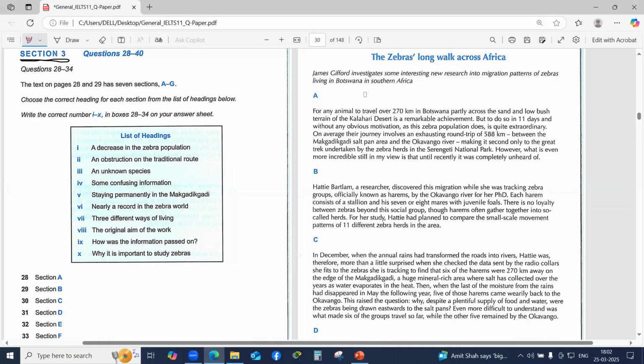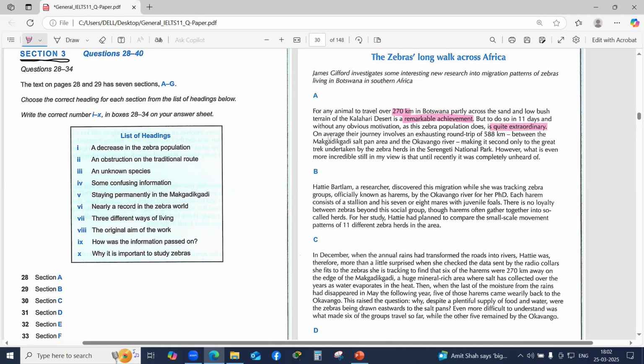Now let's start solving. For any animal to travel over 270 kilometers in Botswana, partly across the sand and low bush terrain of the Kalahari Desert, it is a remarkable achievement. But to do so in 11 days without any obvious motivation, the zebra population does it quite extraordinarily.